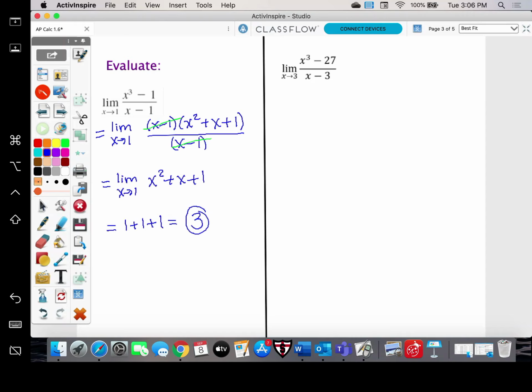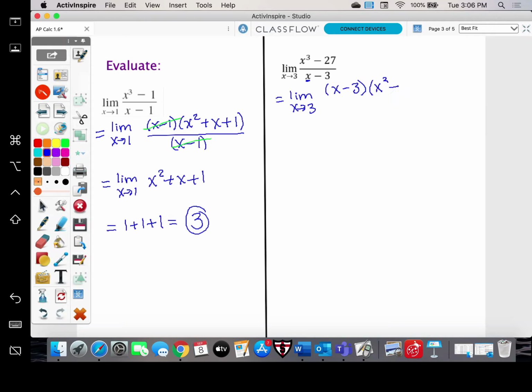The one on the right is basically the same idea, just a bit different factoring because it's bigger numbers. So x approaches 3. If we try direct substitution, we know we're going to create division by 0. So 3 is a problem, so we're going to eliminate that x minus 3. So it's cubed root of x cubed and cubed root of 27.